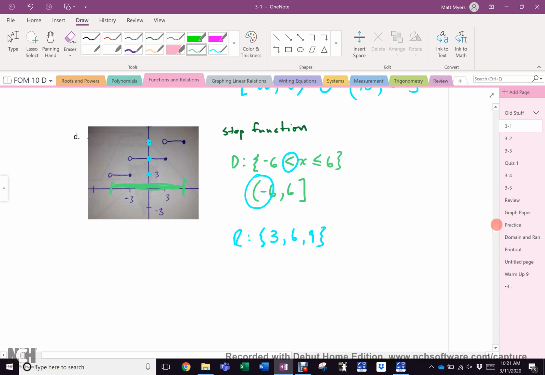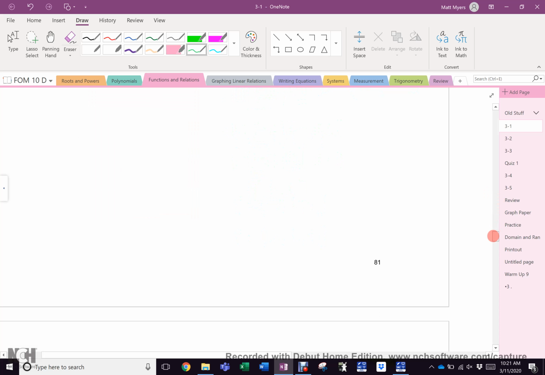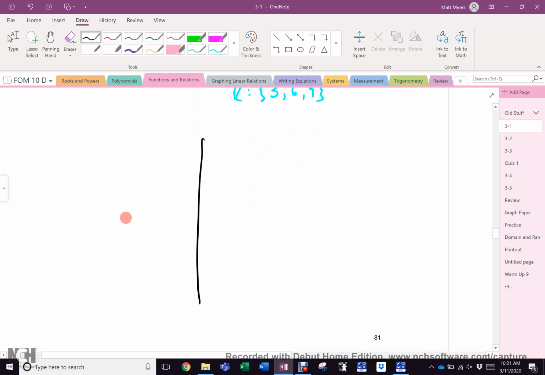Okay, now there's only one other thing we have to talk about, and that's why we have this much blank space here. Draw a big graph. Okay. Everybody good? You don't need a ruler. 1, 1.